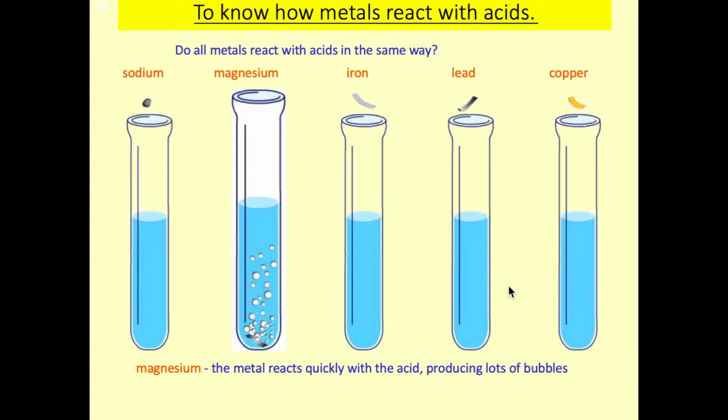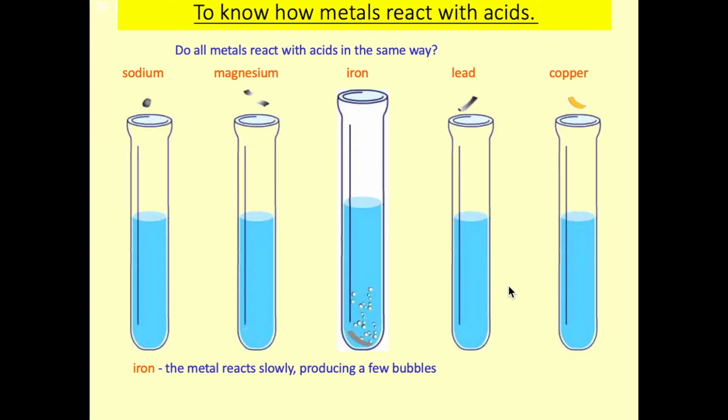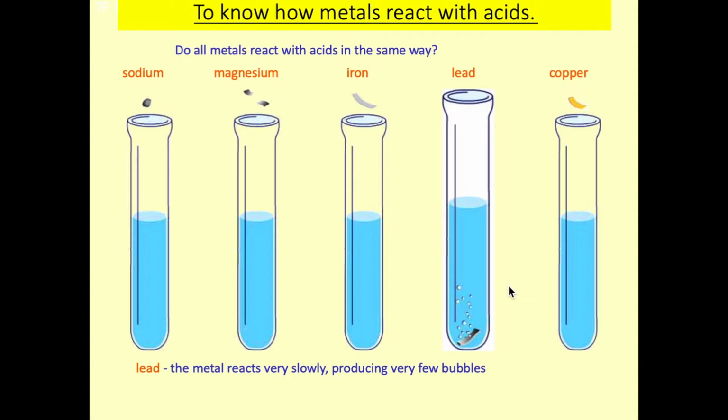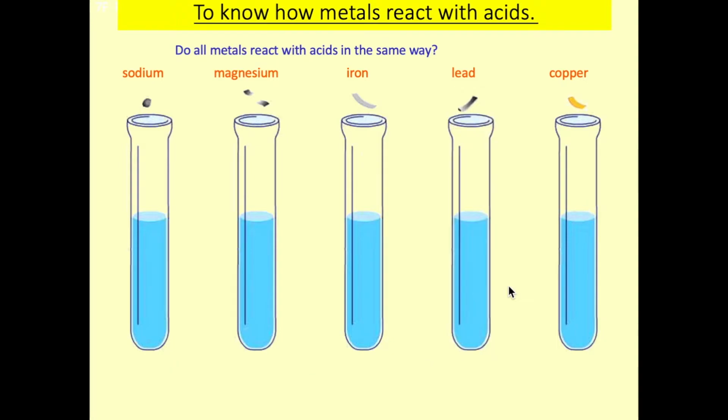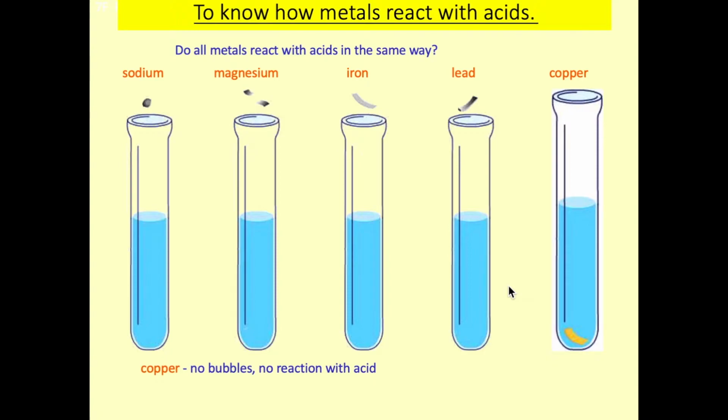Whereas with magnesium, the metal reacts quickly with the acid and produces lots of bubbles. With iron, the metal reacts slowly and produces a few bubbles. With lead, the metal reacts very slowly and produces very few bubbles. With copper, we don't see any bubbles and so no observable sign of a reaction with the acid.